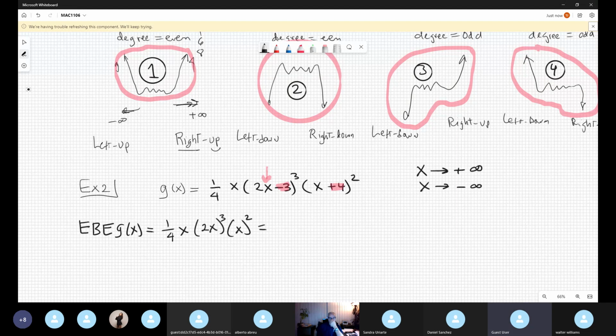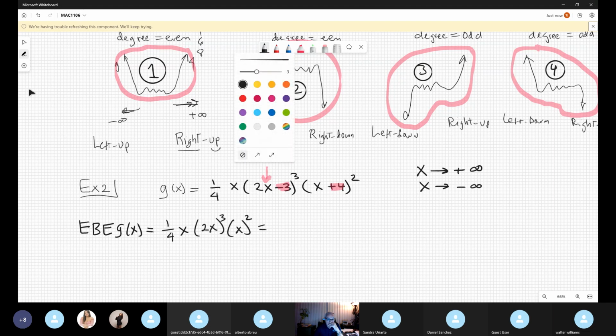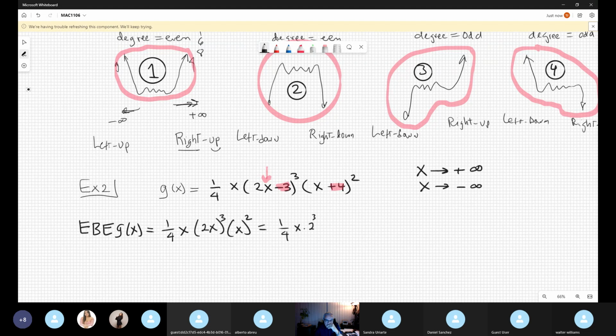So you delete the constant because the constant is nothing. Constant is constant, flat, and 2x is increasing forever. You're supposed to find the end behavior, where x is a big number. Now I need to put 1 over 4 x and times 2 cubic, which is 8 x cubic and x squared.